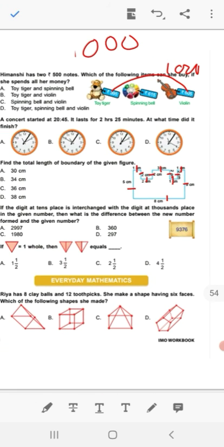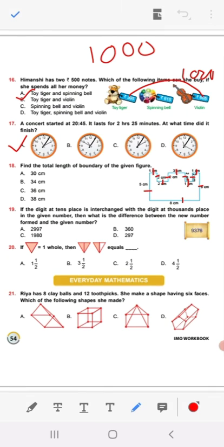So the total boundary length is 34 centimeters. Option B is correct. Pass to question number 19.